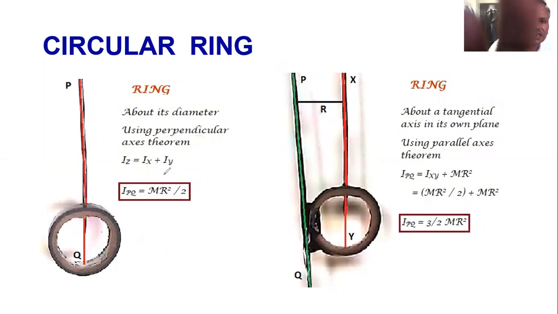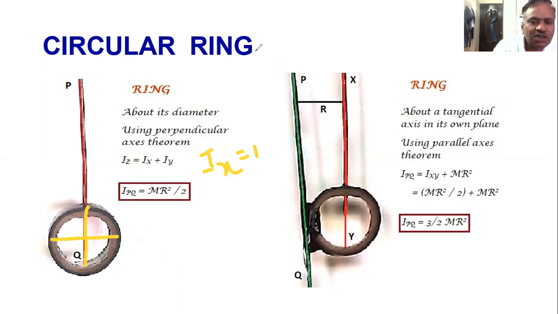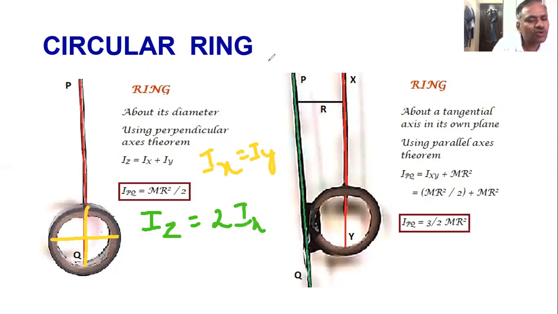But remember, students, whether you are rotating about this axis or about this axis, since the mass is the same and the radius is the same, Ix equal to Iy. When Ix equal to Iy, I can write Iz equal to 2 of Ix, so Ix equal to Iz divided by 2.